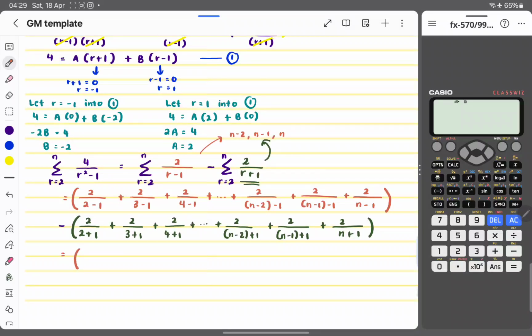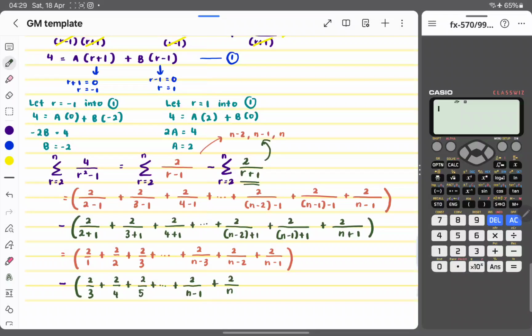So I will get 2 over 1 plus 2 over 2 plus 2 over 3 plus dot dot dot plus 2 over n minus 3 plus 2 over n minus 2 plus 2 over n minus 1, minus 2 over 3 plus 2 over 4 plus 2 over 5 plus dot dot dot plus 2 over n minus 1 plus 2 over n plus 2 over n plus 1.